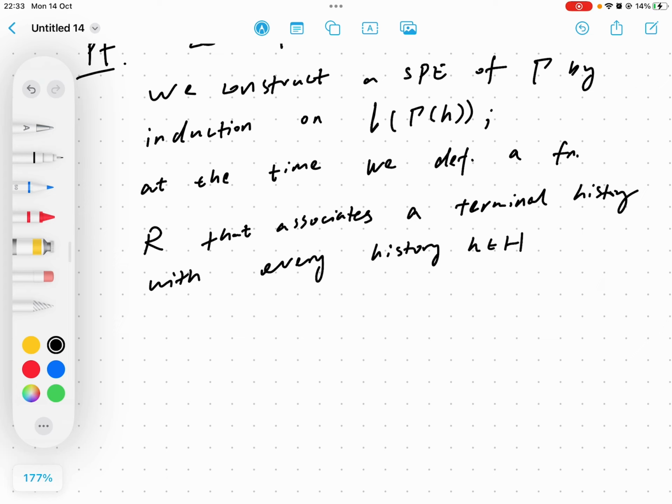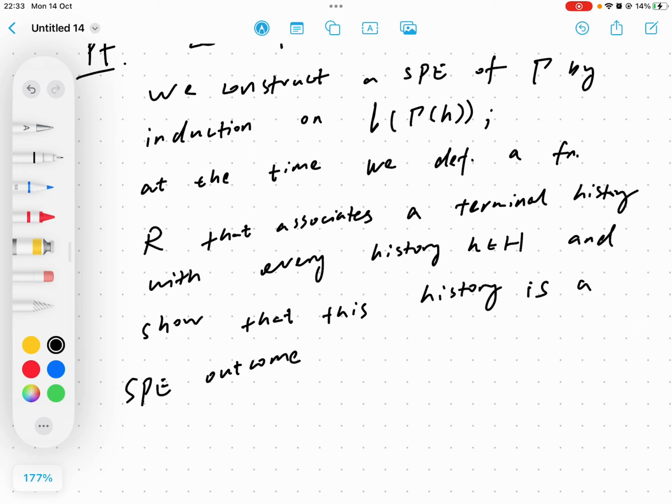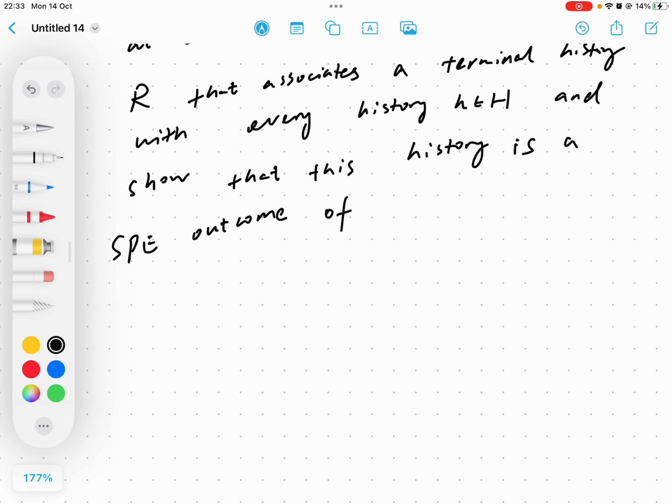Okay, so essentially this R function always associates a terminal history with any history in H, and shows that this history is an SPE outcome of the subgame gamma H. Okay, and it constructs the SPE from the last subgame, right, and then goes all the way up and then solves the whole game.